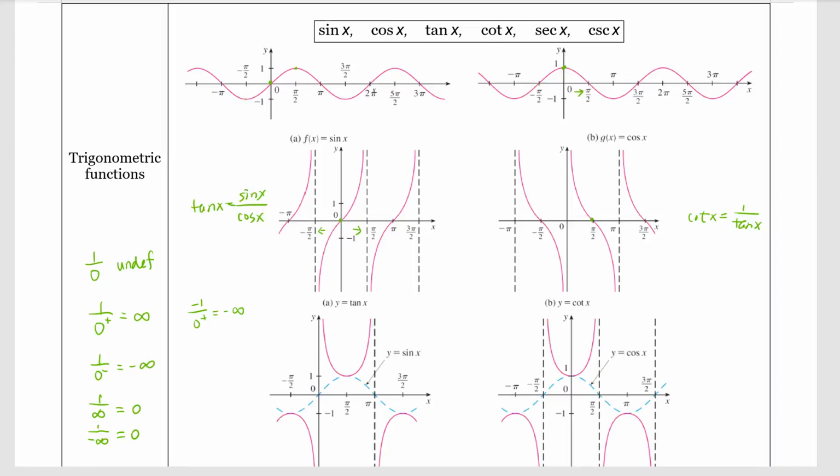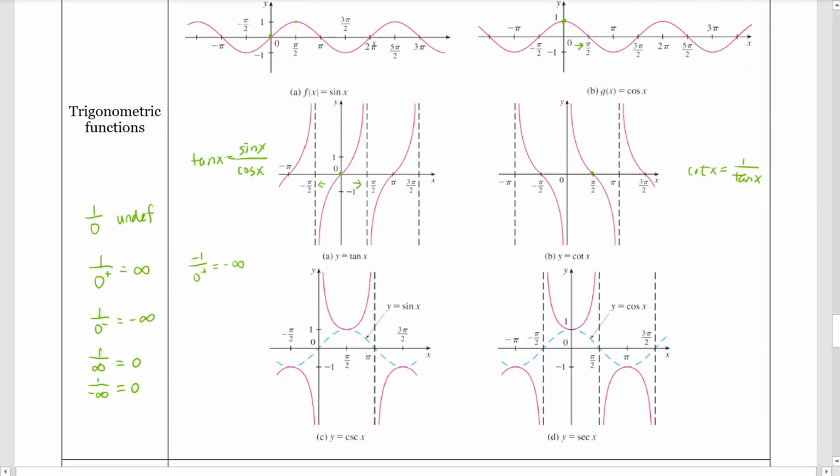And then next, how about cosecant? If you remember, cosecant is 1 over sine. What's 1 over sine? The blue dashed line is the sine. Here at pi over 2, 1 over 1 is 1.